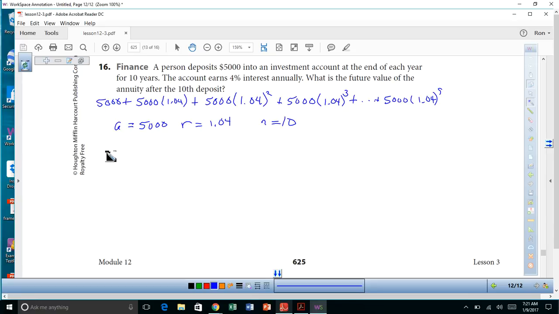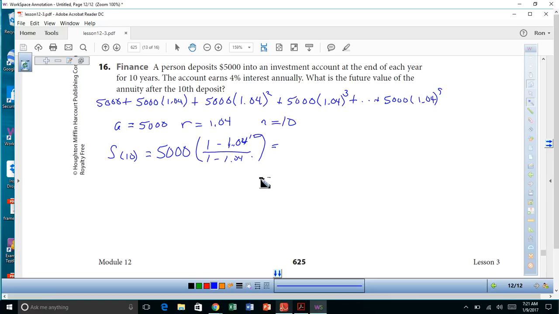So this is where the formula really shines. It's going to be 5,000 times 1 minus 1.04 to the 10th power over 1 minus 1.04.